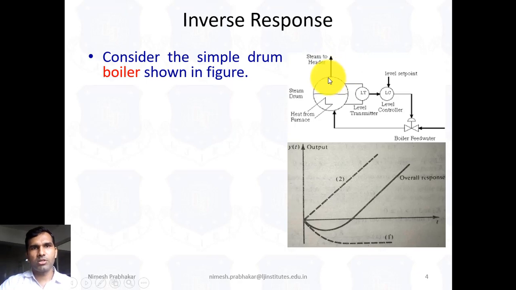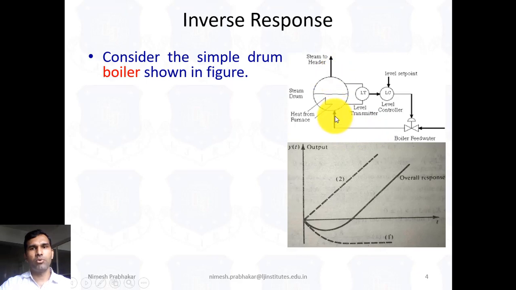First of all, we understand the function of a boiler. The simple function of a boiler is to convert water into steam. In other words, a boiler is used to generate steam. That means it simply converts the inlet water into steam.